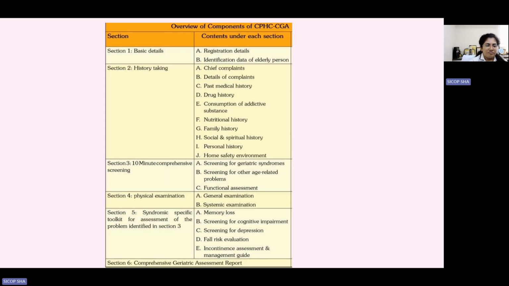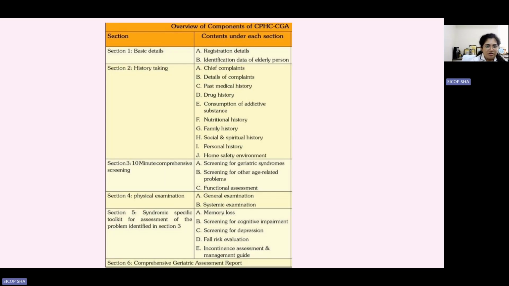Next, section 5 is talking about the symptom specific toolkit for assessment of the problem identified in section 3. Whatever screening we have done in section 3, for those patients we are having specific examination.